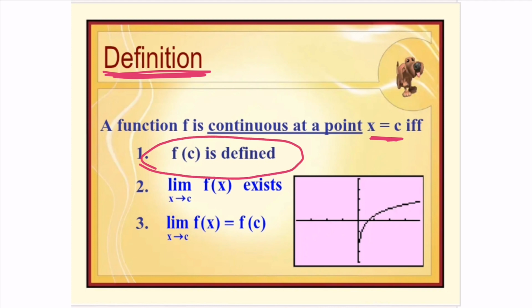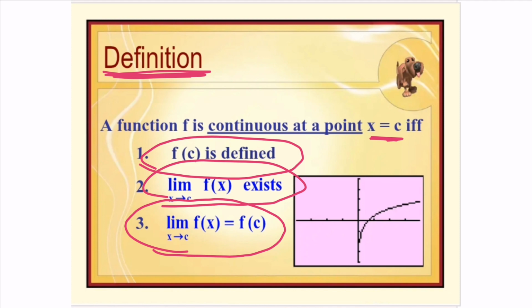Second, the limit as x tends to c of f of x exists. Third, the limiting value and the defined value must be equal. If these three conditions are satisfied, then we say that the given function is continuous at the given point x equal to c.